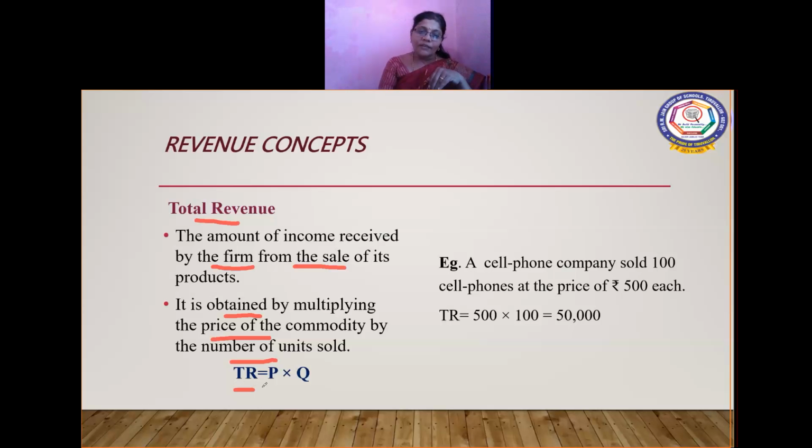So total revenue equals price of the book into quantity sold. For example, a cell phone company sold 100 cell phones at the price of 500 each. So here the price of the cell phone is 500, the number sold was 100. So 500 into 100 equals 50,000, which is the total revenue for that company.